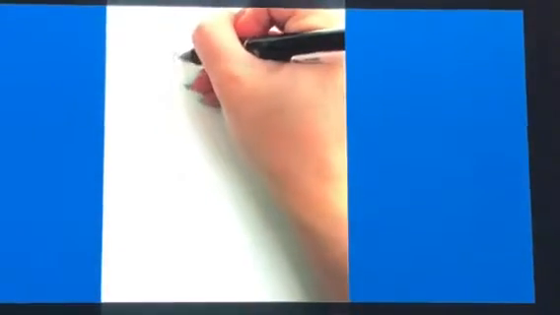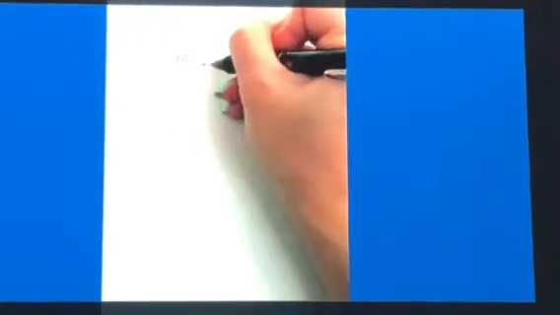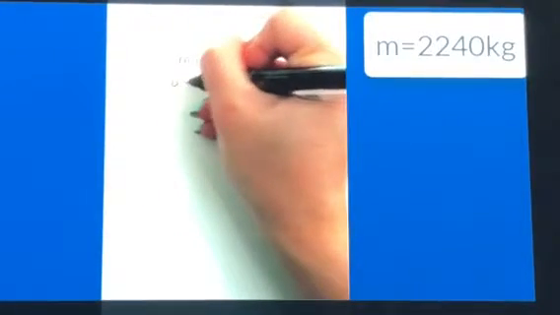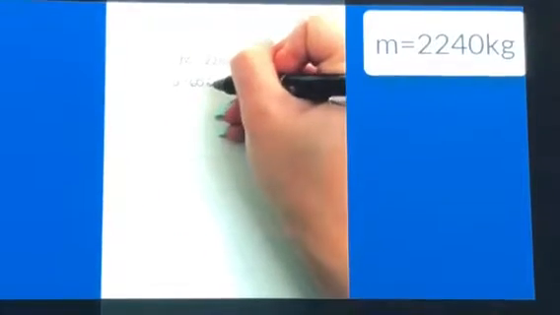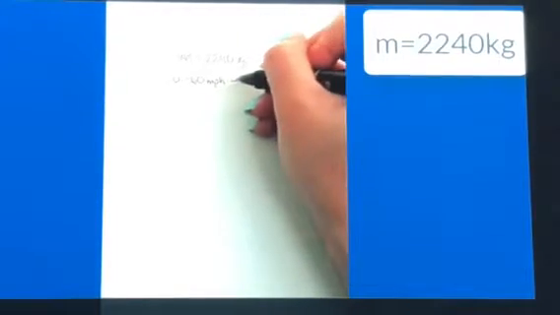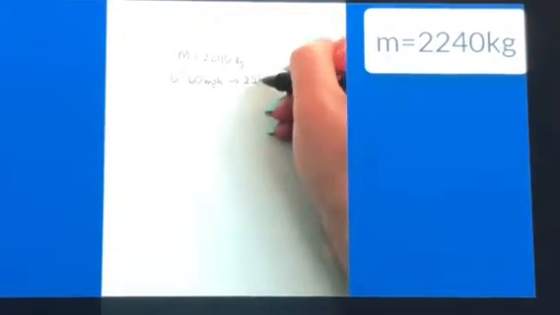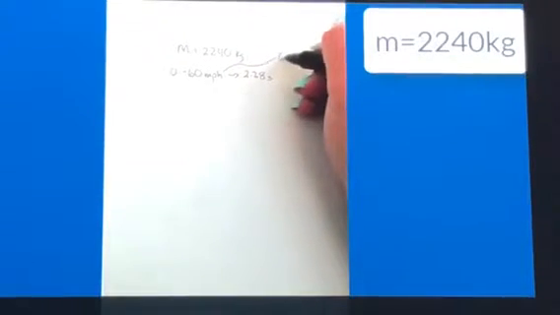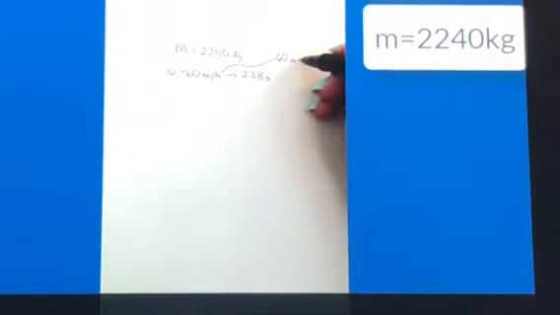To model the car, we found that the Tesla SP100D had a mass of about 2,240 kilograms. We also found that it had a 0 to 60 miles per hour pickup of about 2.28 seconds. This corresponded to about 27 meters per second.